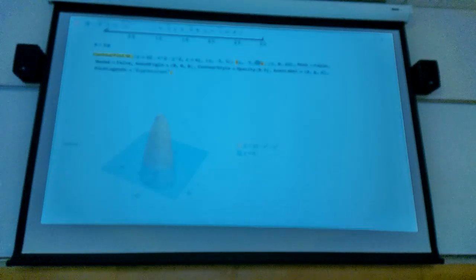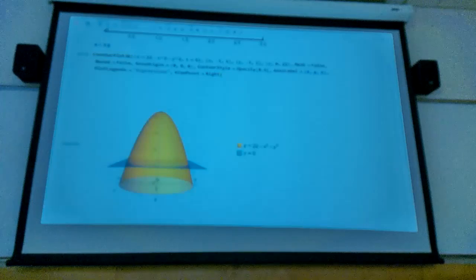And maybe set the viewpoint. Right, so that now has the x-axis coming out at us.